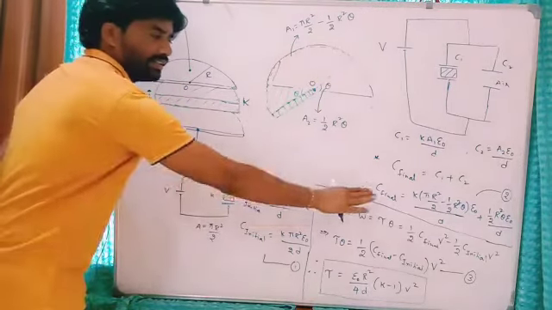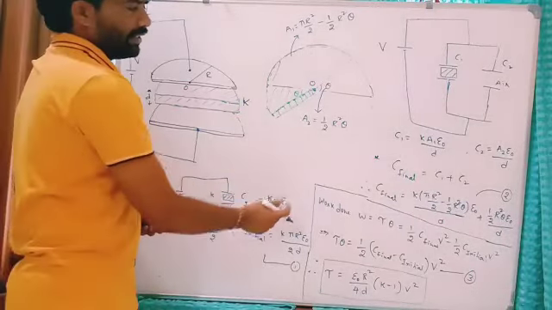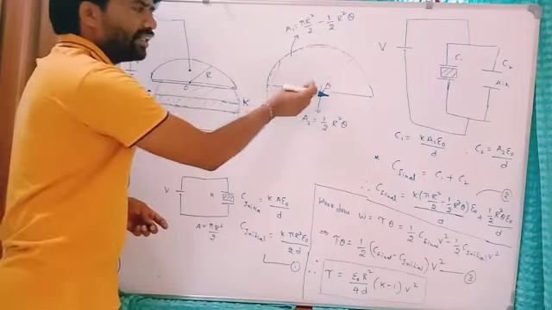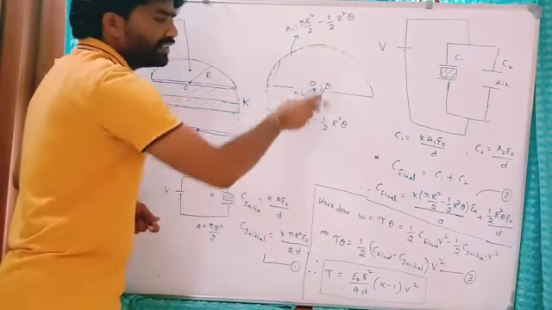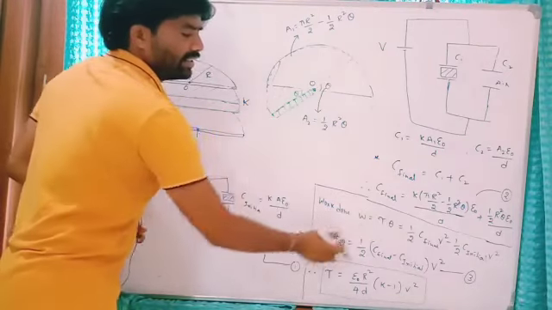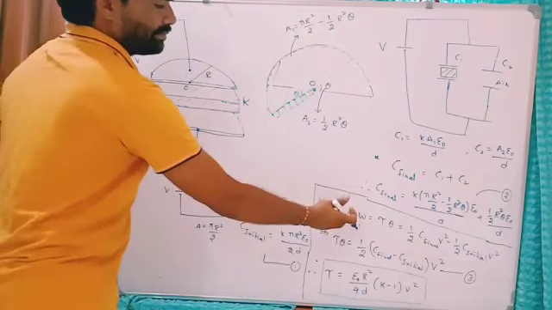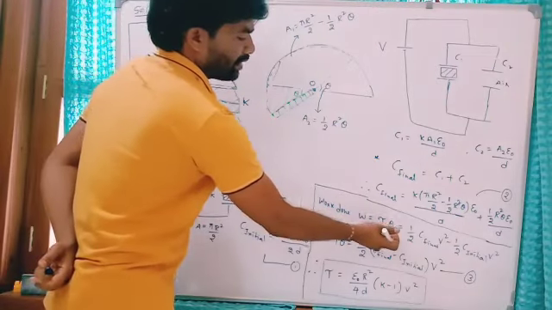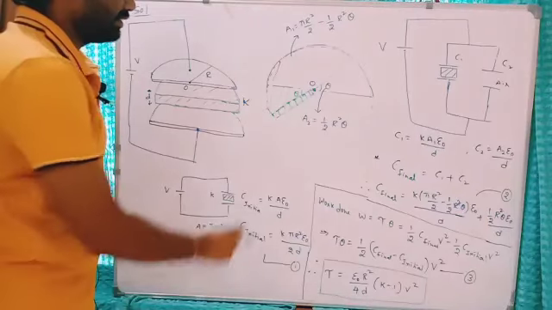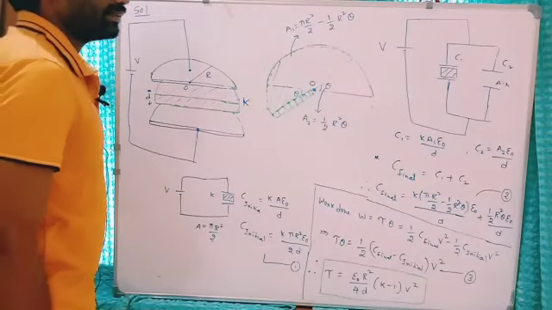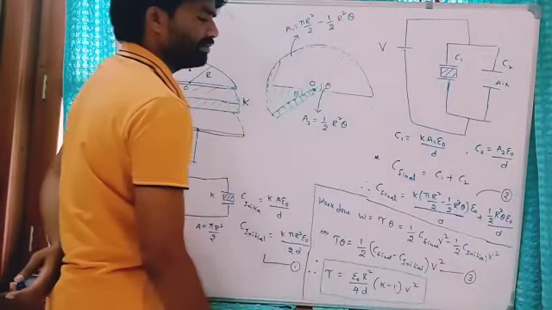Clear up to this? Now I have written the work done in rotating the dielectric slab through an angle theta with constant moment of force, or torque: torque into the angle of rotation theta. So that is the work done. Work done is equal to the change in potential energy of the capacitor, which is final energy minus initial energy.